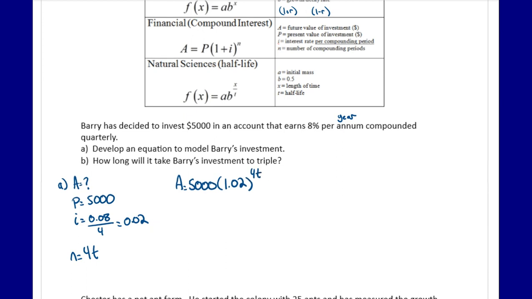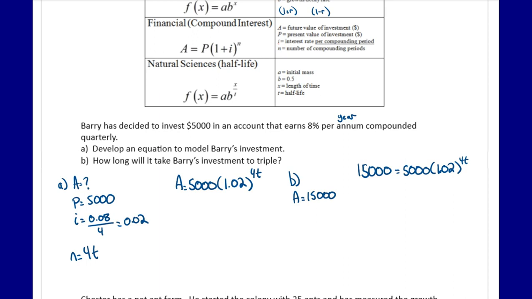So that's our equation. Part B is now telling us we want to know how long it will take for his investment to triple, or how long it will take for the future value to be $15,000. So in our equation, we can replace A with 15,000 and try to solve for T, which we should be able to do now that we know about logarithms.